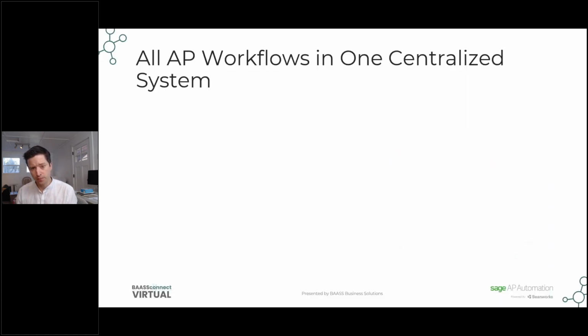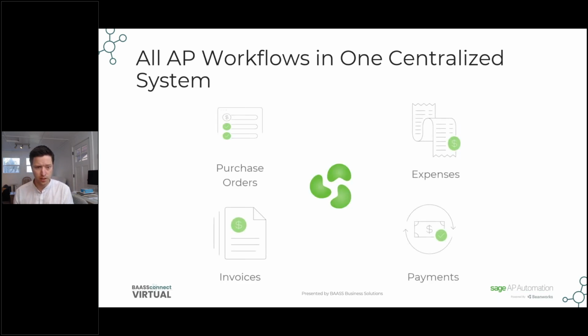Sage AP Automation integrates your Sage financial system with an all-rounded AP experience for all of the process areas you see here. You eliminate the manual AP entry by capturing data electronically. You enable electronic routing and simplify approvals through a mobile app.